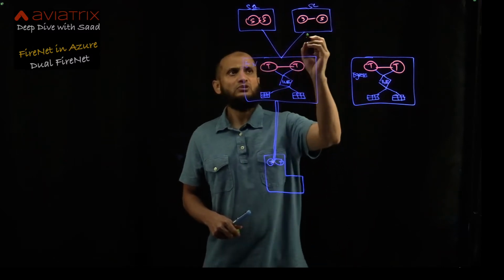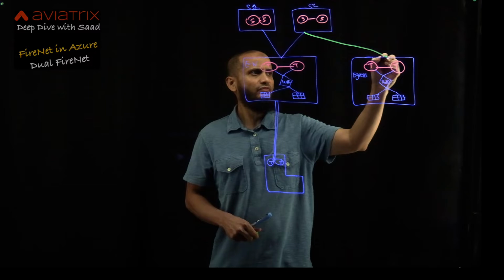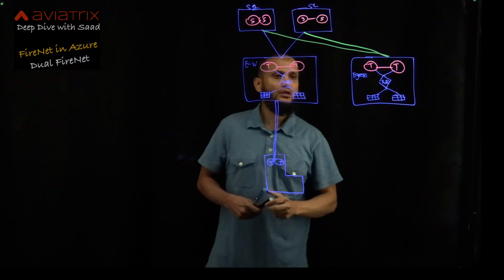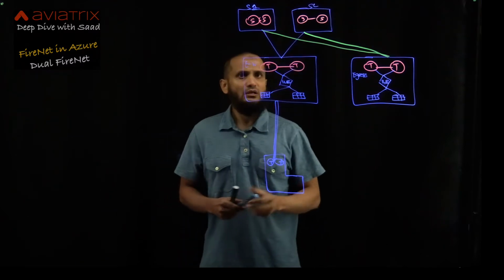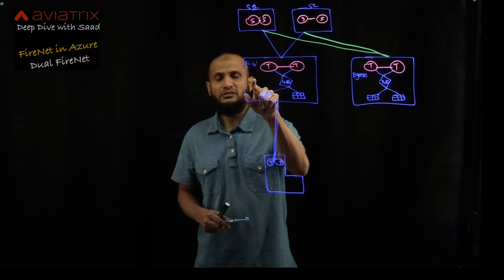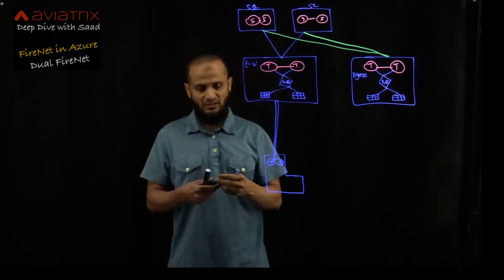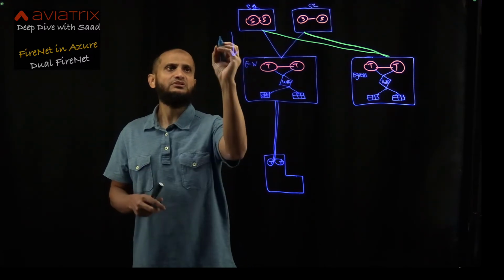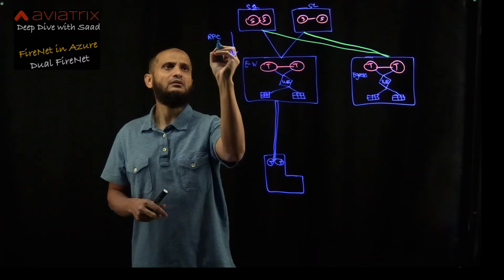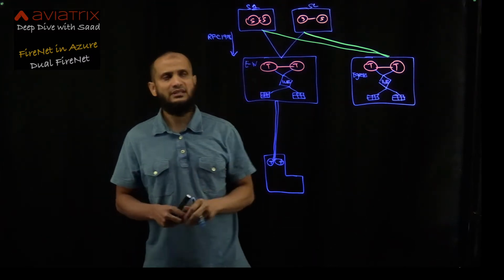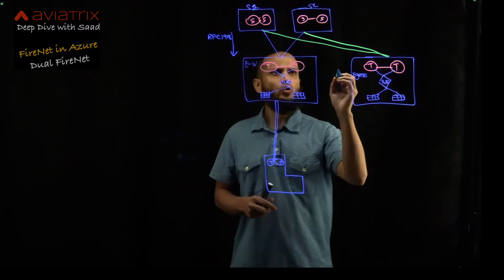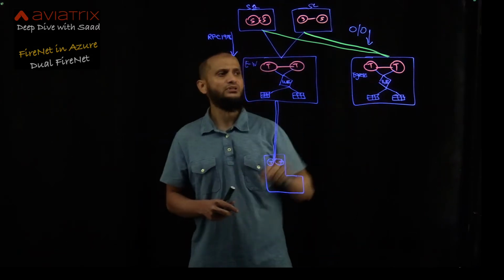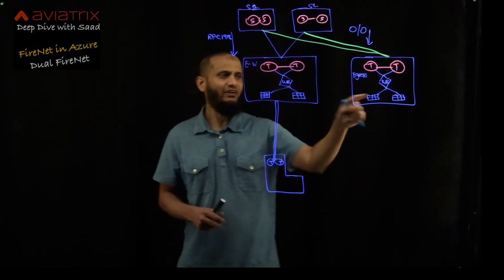From the application spokes perspective, you have connectivity to both. But the first, east-west one, is responsible for the east-west traffic, which basically means the RFC 1918 routes are going towards the east-west, while quad 0 routes are going towards the egress FireNet.